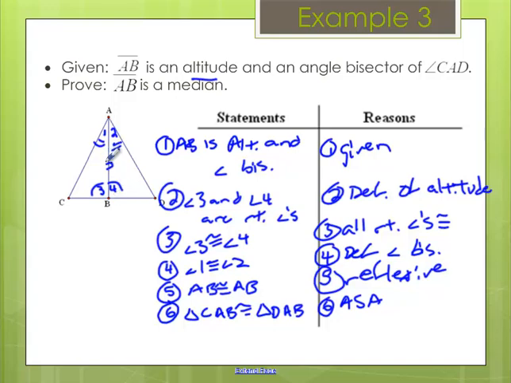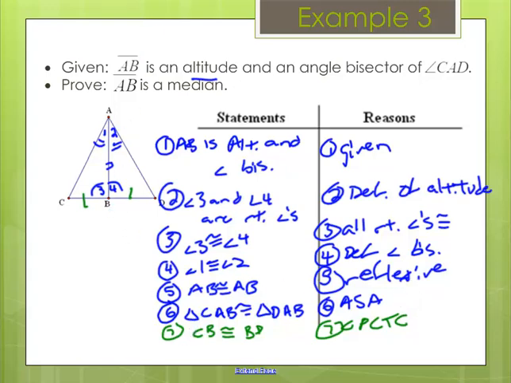Now, because the triangles are congruent, I know that these two sides in green will be congruent. So step 7, CB is congruent to BD, and that's the five-step acronym: corresponding parts of congruent triangles are congruent.